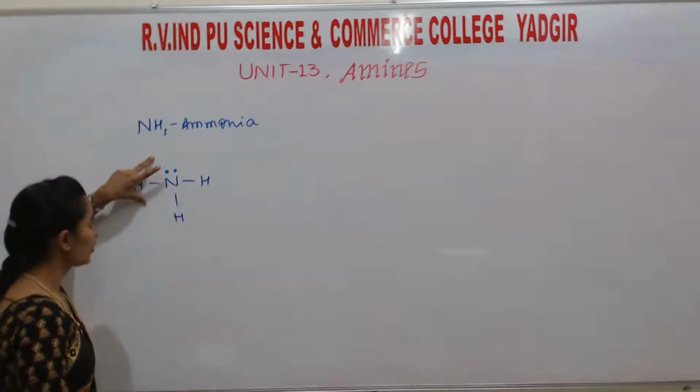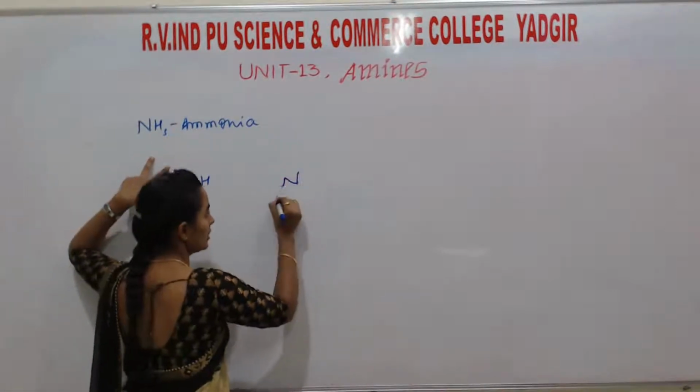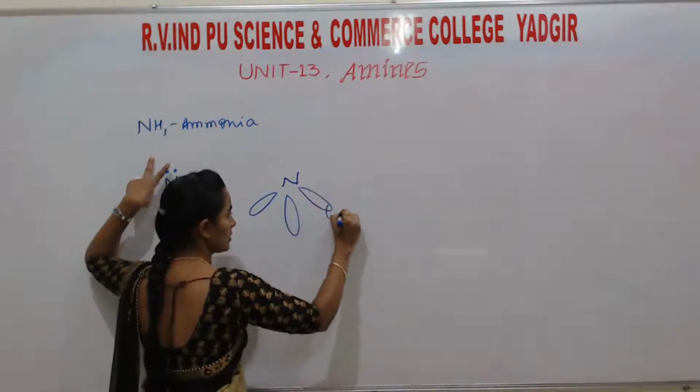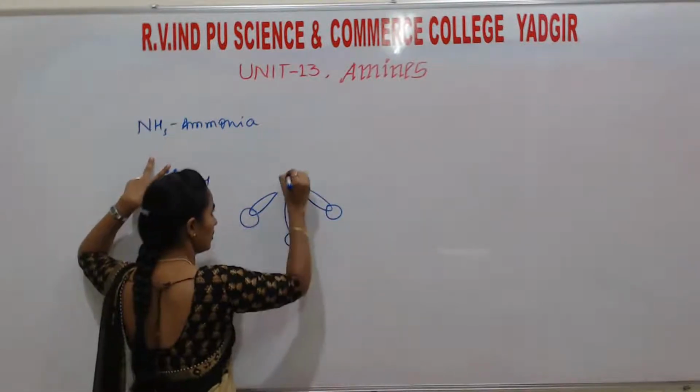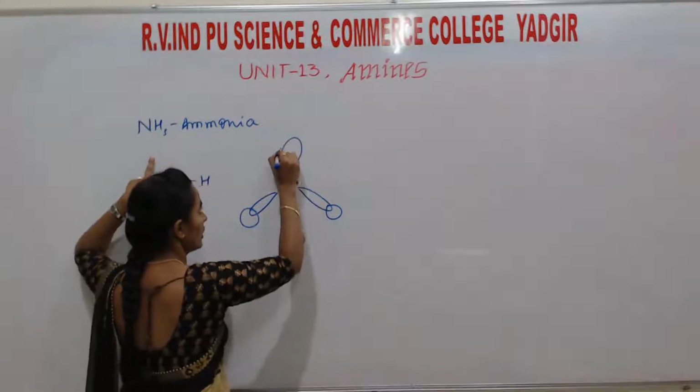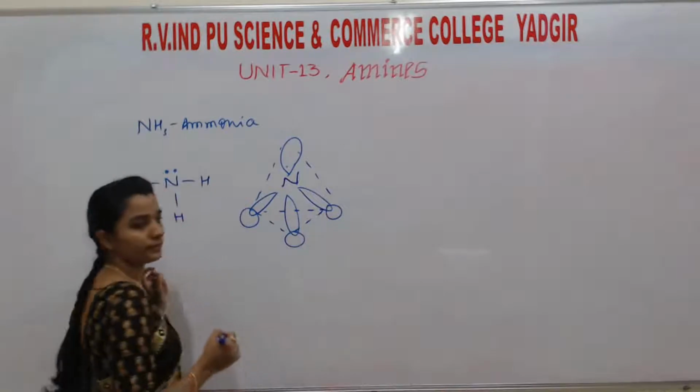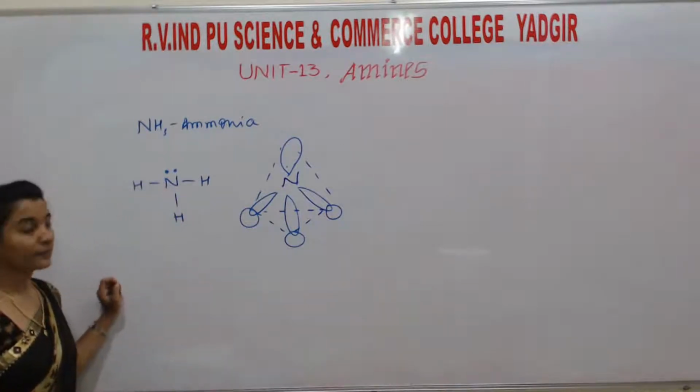Actually, this is sp3 hybridized. If we write the structure, we get a tetrahedral structure like this. This is hydrogen, and this one is the lone pair of electrons. This is ammonia.